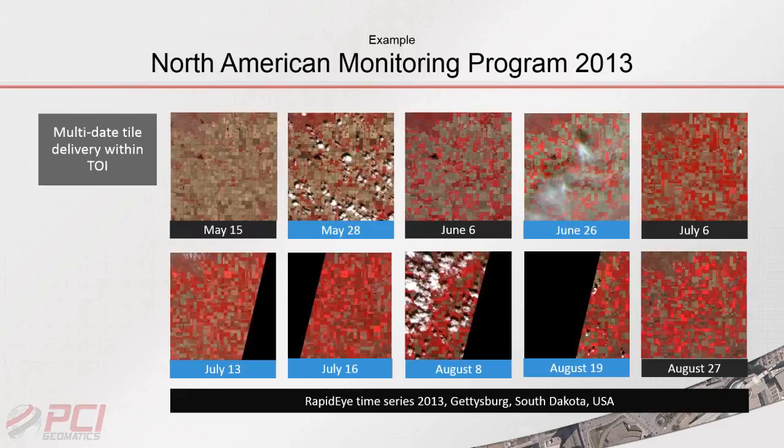But as you can see from the dates May 28th, 26th, July 13th, 16th, August 8th, and August 19th, anytime that we collect imagery that meets specifications, we also deliver that as just kind of an added bonus to the program.